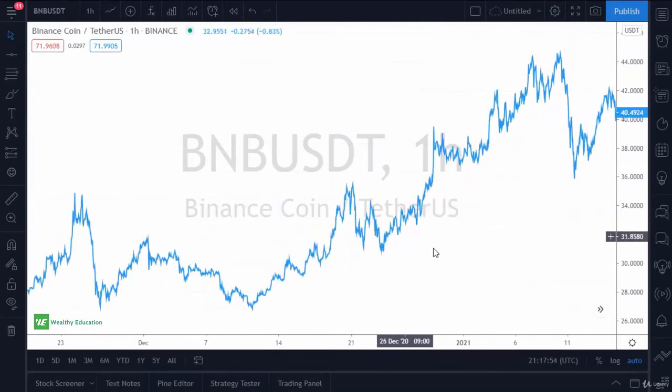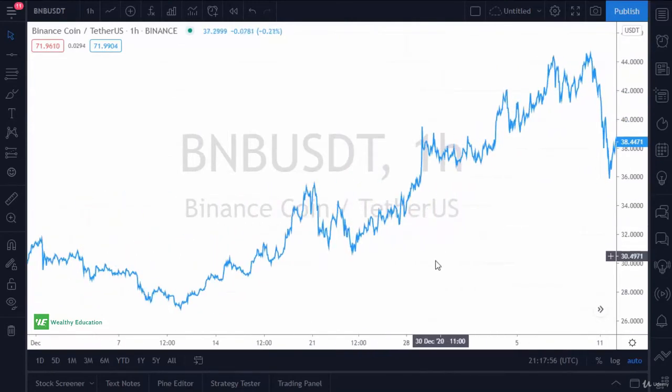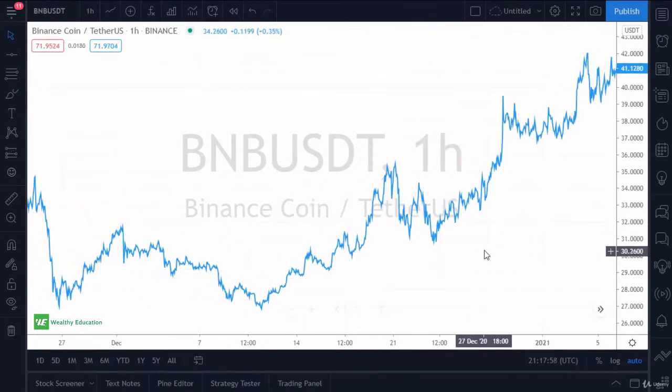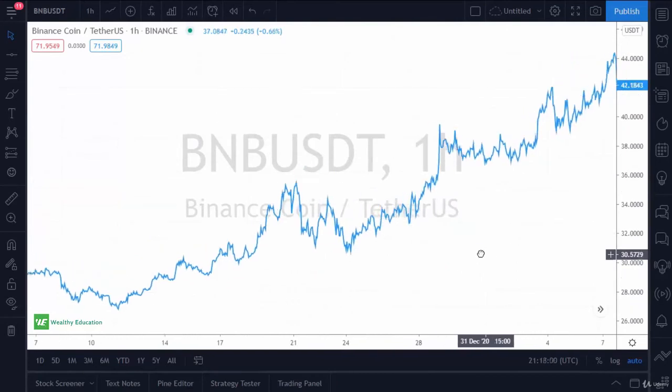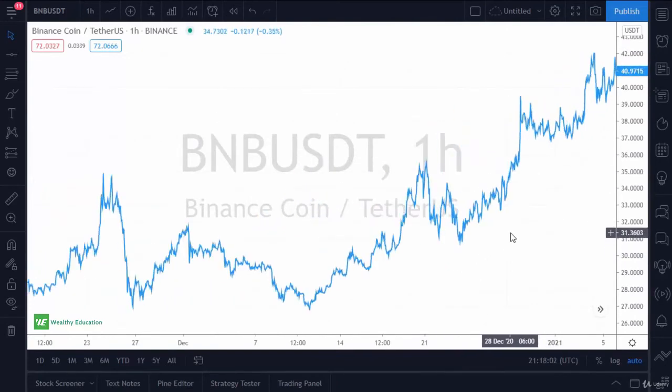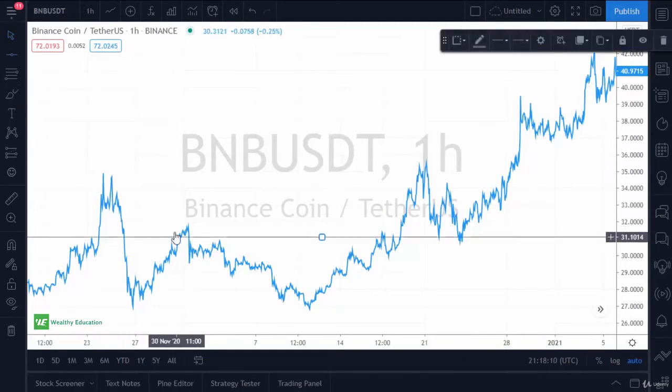Just as you can see that this resistance area caused the market to pull back to this support area. So let's go ahead and draw these lines again.